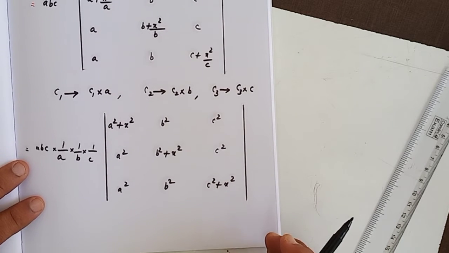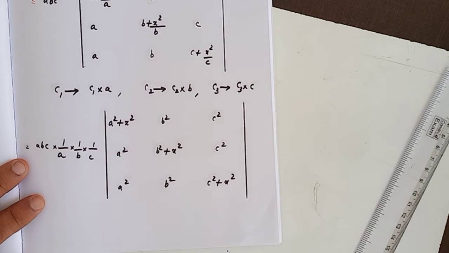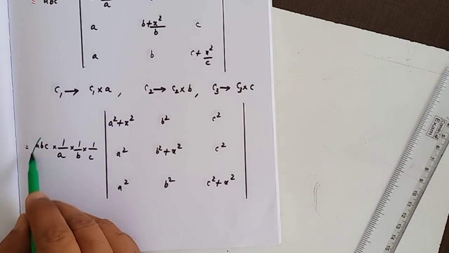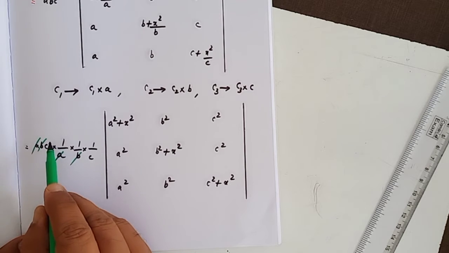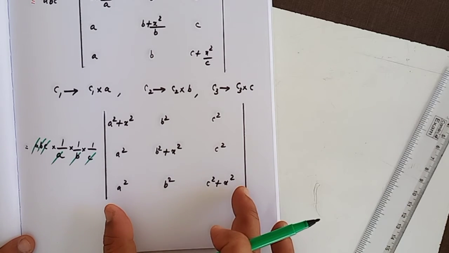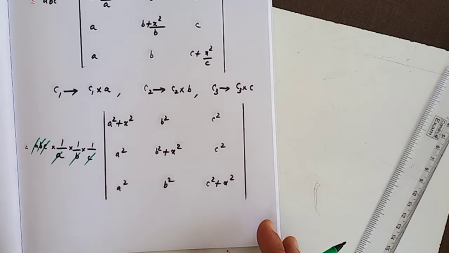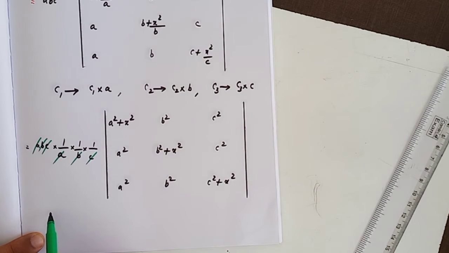Okay. Now here A cancelled, B cancelled, even C cancelled. Before expanding the determinant, I am going for the transformation, so that I am changing R1. R1 implies R1 minus R2, and I am changing R2 also.